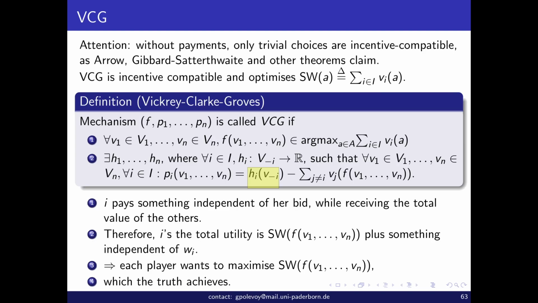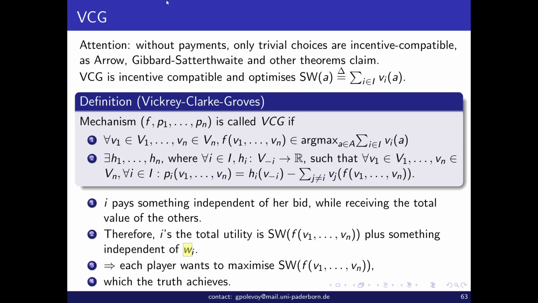So, as I've already said, the player's utility is the social welfare of what has been chosen plus something independent of her bid. Not only that, h_i is the v_i of what she has bid.